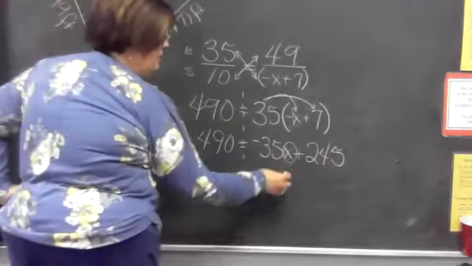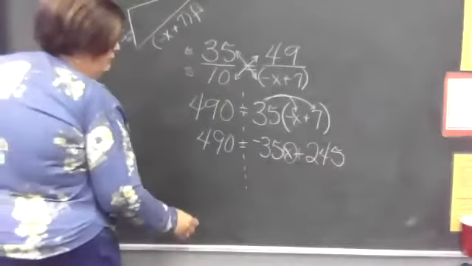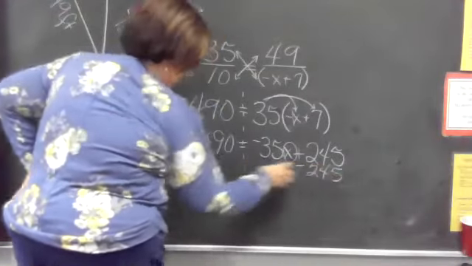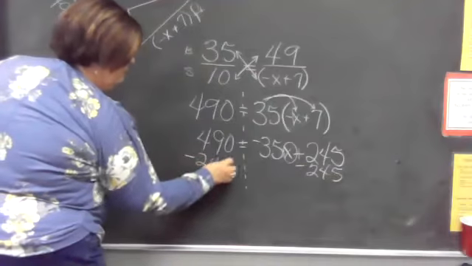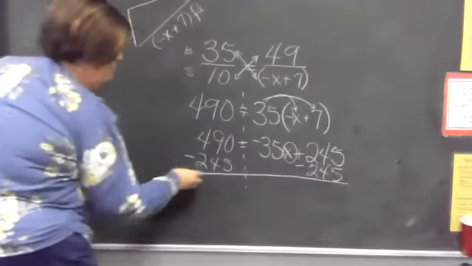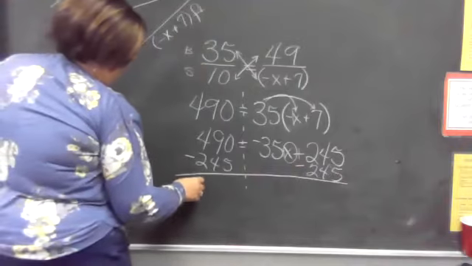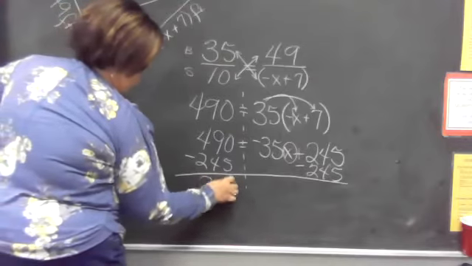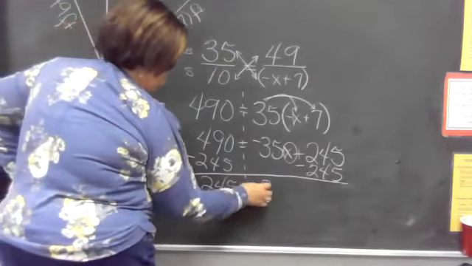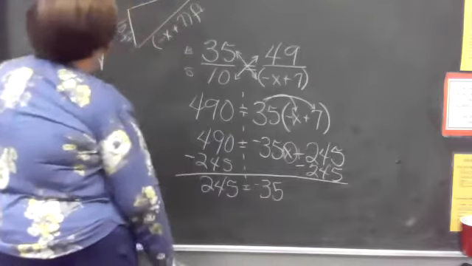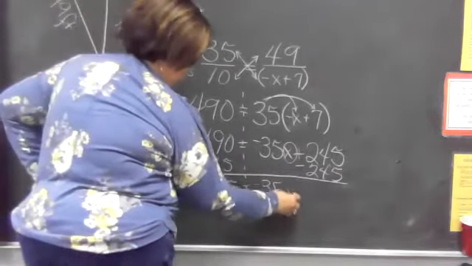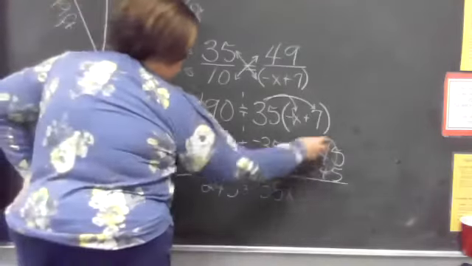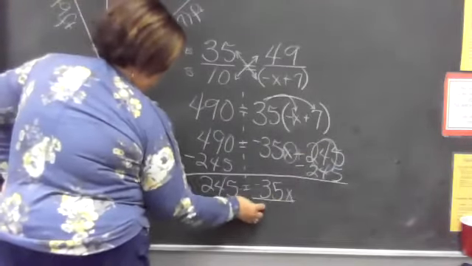If we're solving for X, this is old news now. We need to subtract 245 here and subtract 245 here. I started a little low, didn't I? So I have 245 equals negative 35 X. Because this is zeroed out, I was kind of thinking ahead.